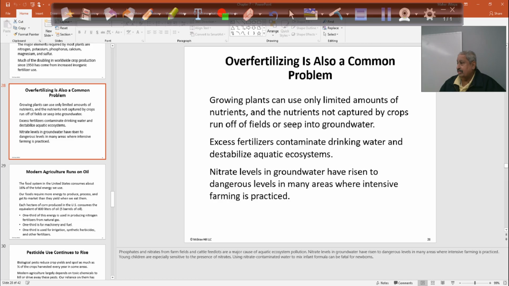So it's not healthy. If you have too much nitrate, it's not healthy. If you have too much phosphate, it's not healthy. If you have too much sulfate, as sulfur, it's not healthy. So you have to really meter the amount of those minerals put into the soil, correct? So that's very, very important.